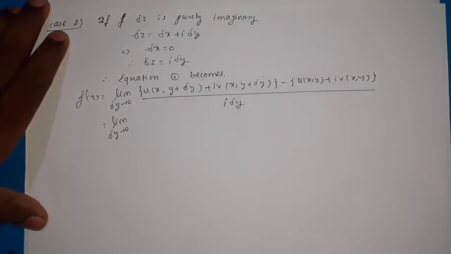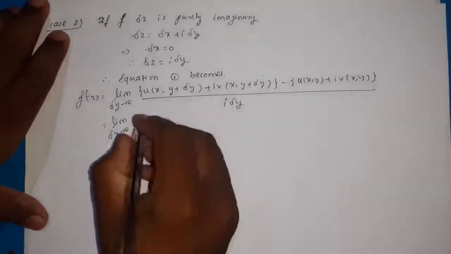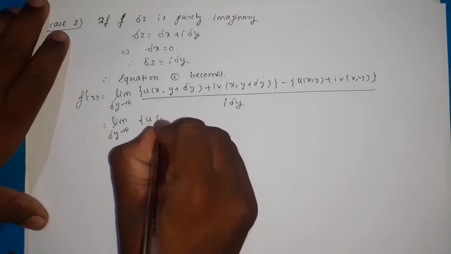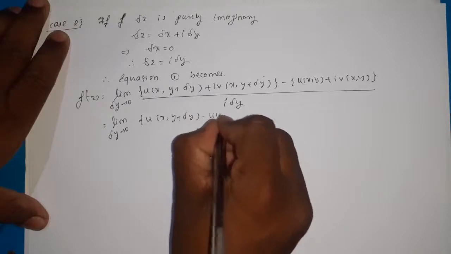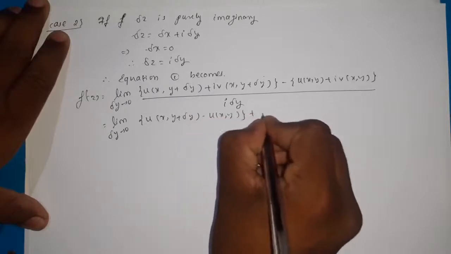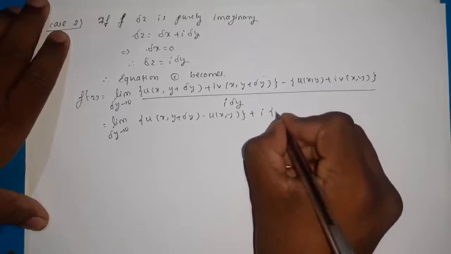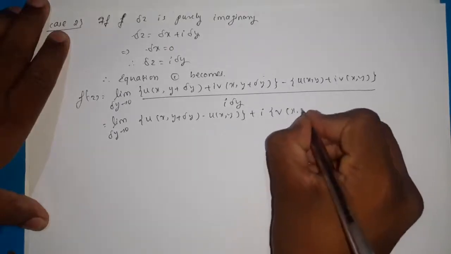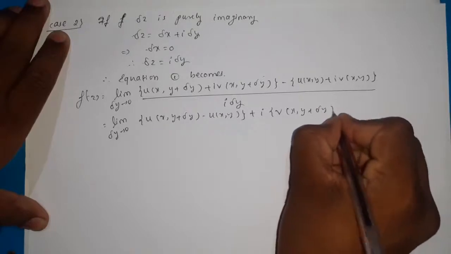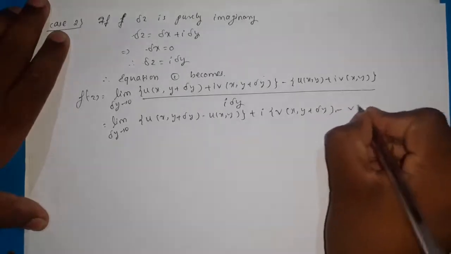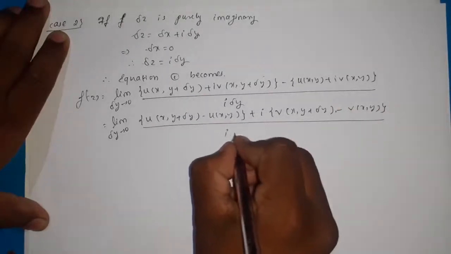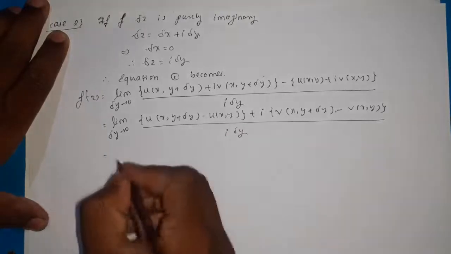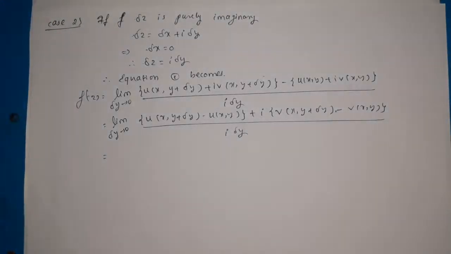Again, here separating the real and imaginary parts in the numerator, we get u of x comma y plus delta y minus u of x comma y, plus i into v of x comma y plus delta y minus v of x comma y, divided by i into delta y. Now applying the limit separately for real and imaginary parts.